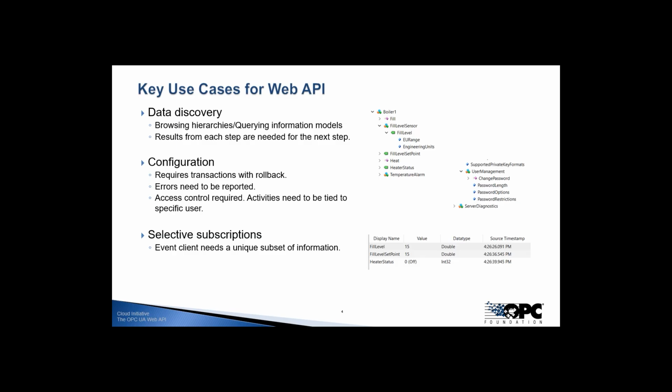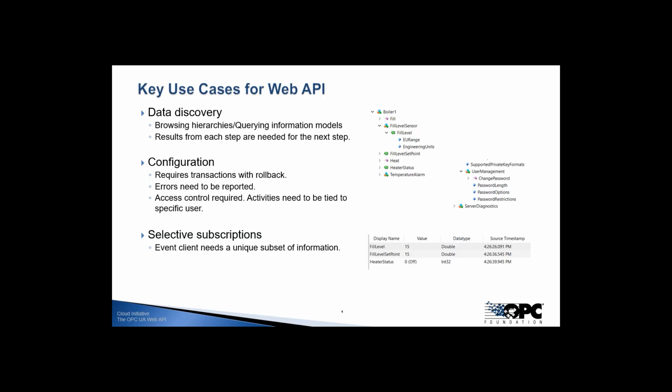And the last use case where you'll see the need for a web API approach is when every client needs a unique subset of information. And this can happen because a server has so much information that it simply can't publish everything. It would fall to its knees if it tried to do that. It would be overloaded. And in these cases, every client that connects to that server needs to be specific about what it wants to see.